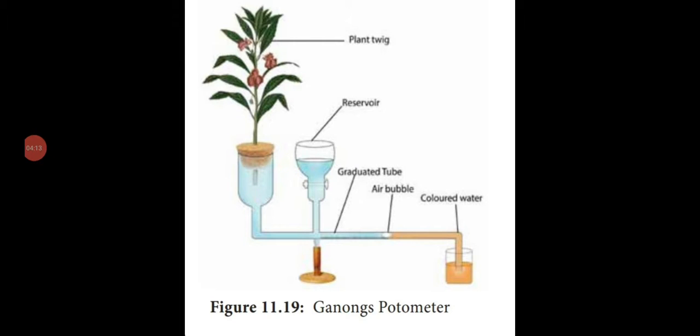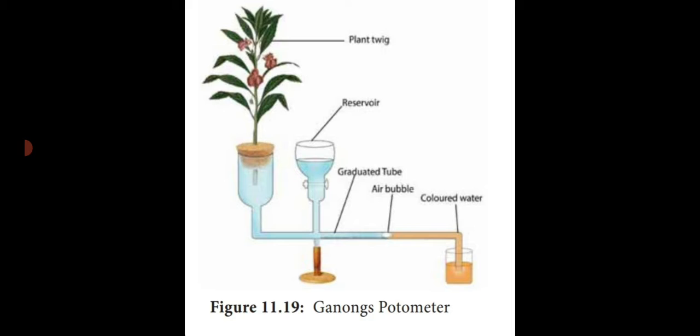With the help of this water reservoir, the entire apparatus is filled with water, and we can introduce a small air bubble near the bent glass tube. The beaker contains colored water. The horizontal tube showing the measurement is known as the graduated tube, which shows the rate of transpiration.